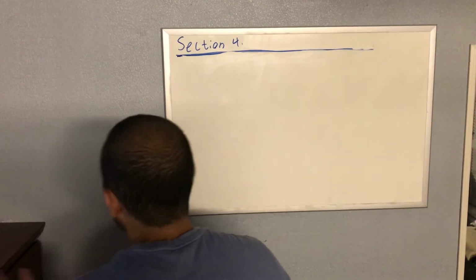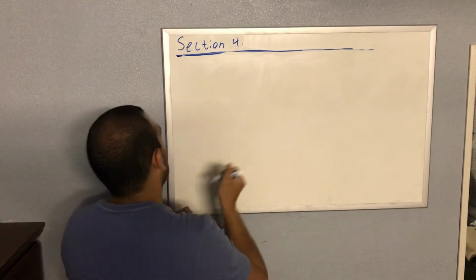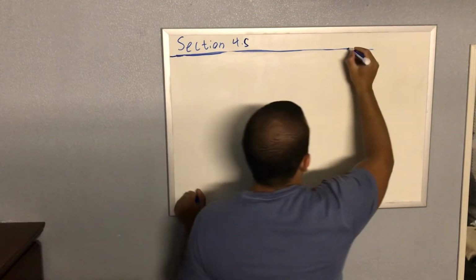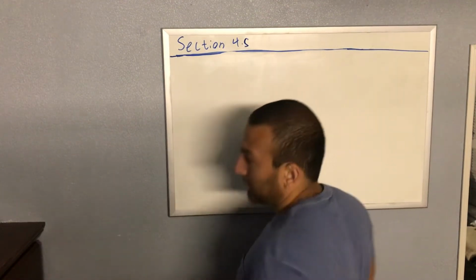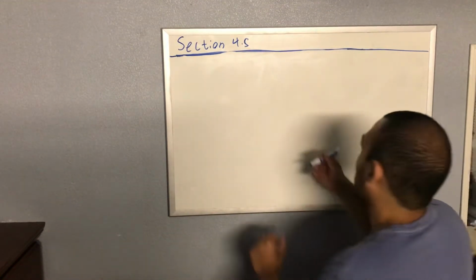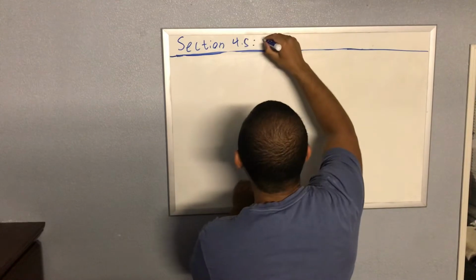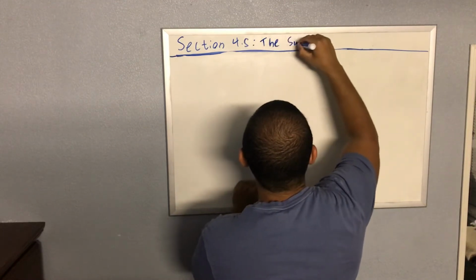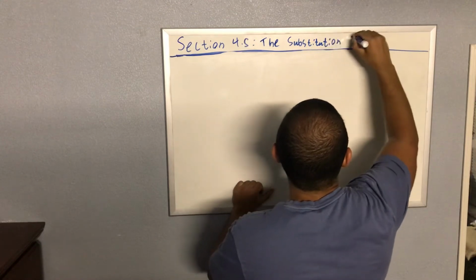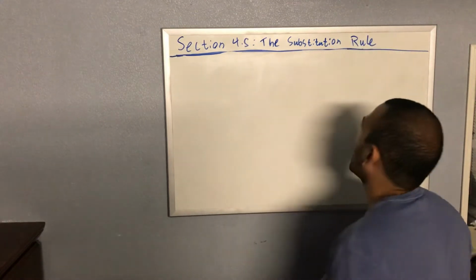There are techniques, and a lot of this class is dedicated to learning them. A very important and useful one is called the U substitution, or the substitution rule.